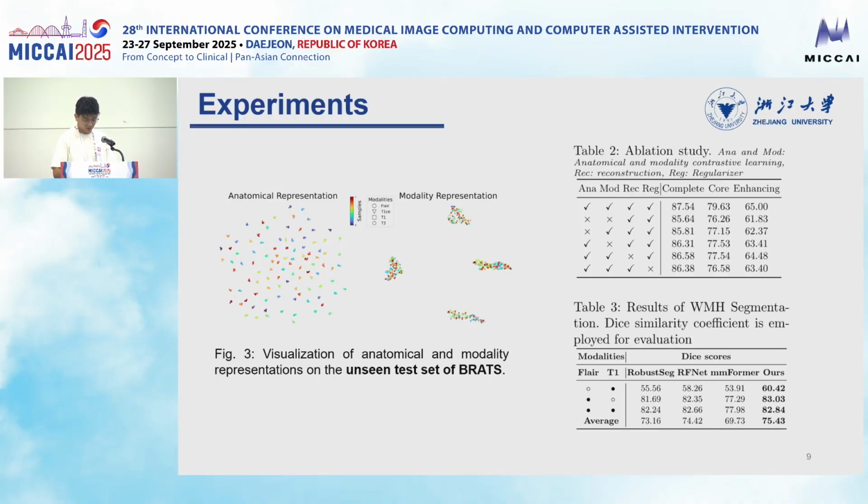The top right shows our ablation studies on key components like anatomical contrastive learning, modality contrastive learning, the reconstruction task, and the regularizer. Lastly, we additionally collected a private white matter hyperintensity segmentation dataset from the Second Affiliated Hospital of Zhejiang University. DC-Seg also achieves leading performance on this dataset.